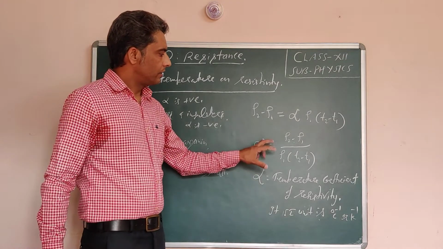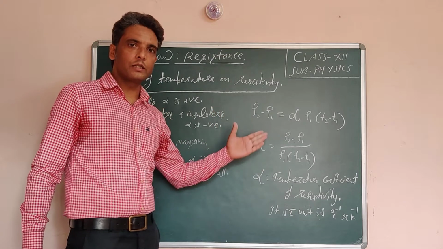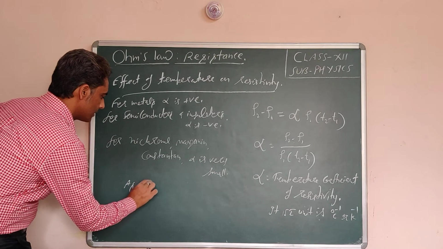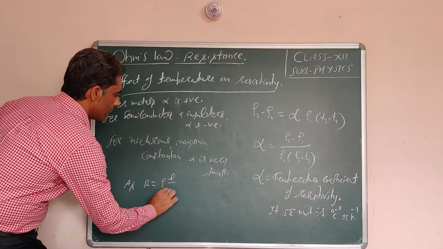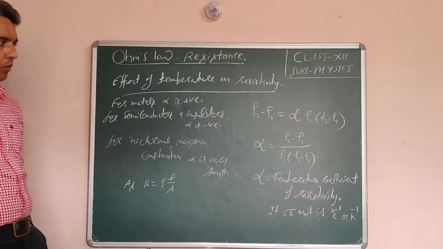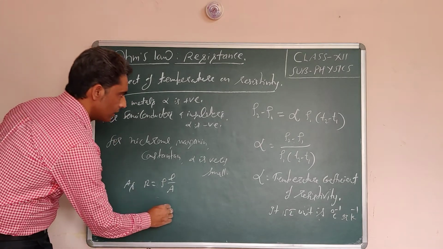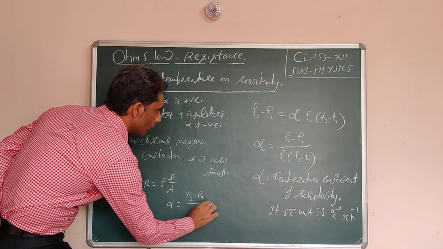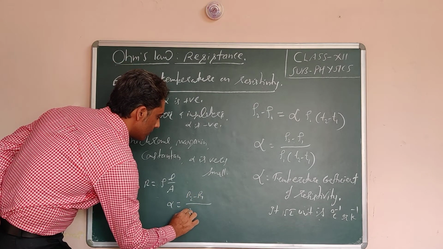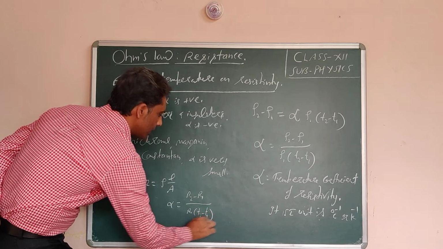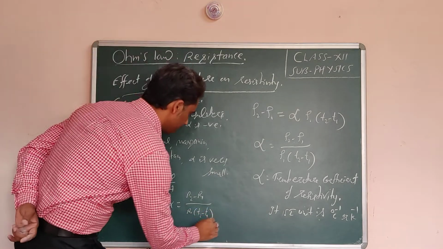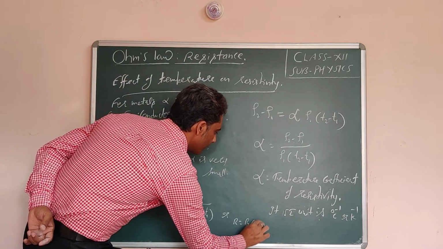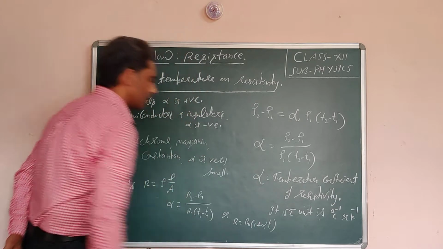We can write the same formula for resistance, as resistance is ρL by A, meaning resistance is proportional to ρ. So we can write alpha as (R2 minus R1) over R1 into (T2 minus T1), or we can write R is equal to R0 into (1 plus alpha T).